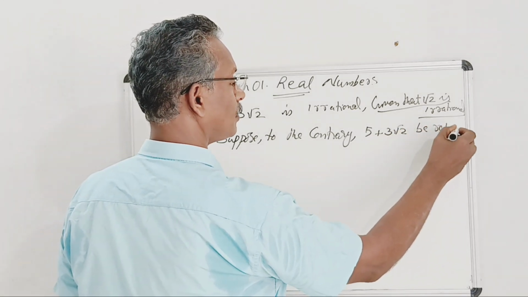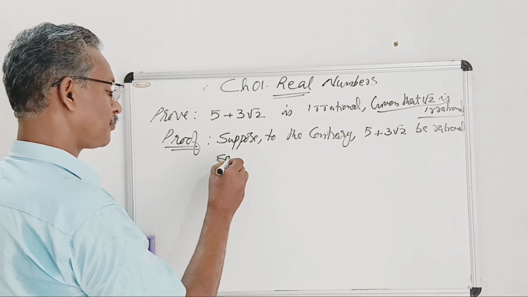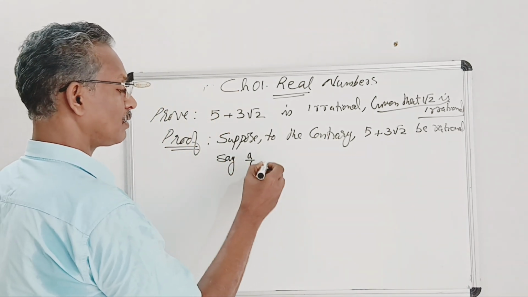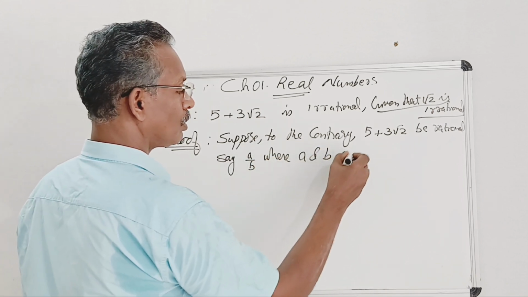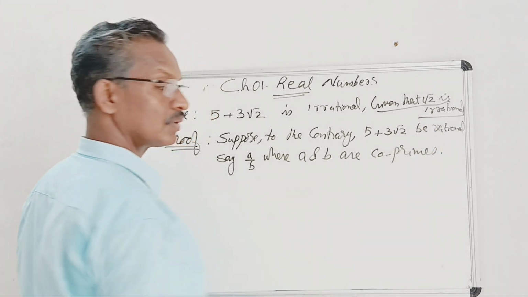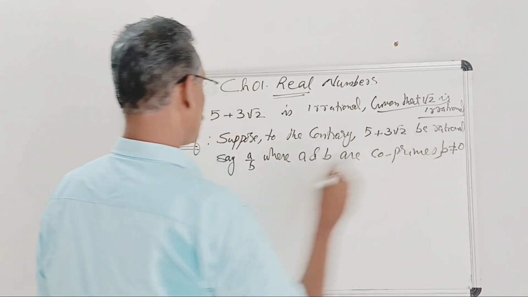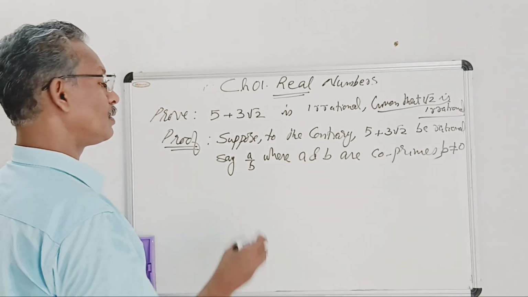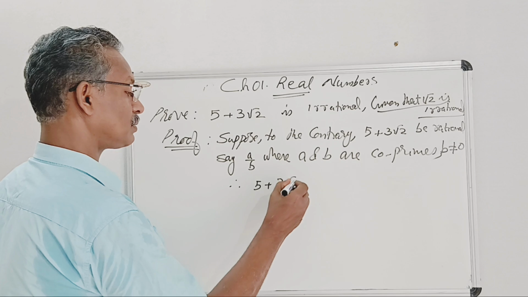We have to actually prove it irrational, but we have to start with rational. Say A by B, where A and B are coprimes, denominator B is not equal to 0. Therefore, 5 plus 3 root 2 is A by B.